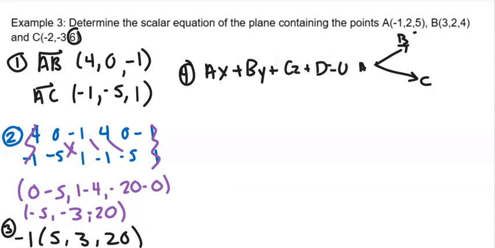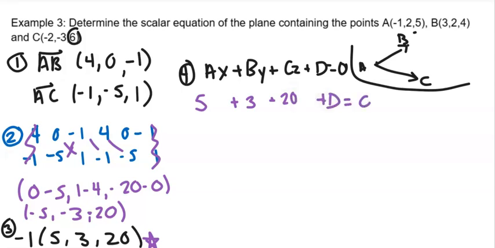Here's where I want you to follow a procedure a little bit, just so that you don't get confused. This is my A, B, and C, so I'm going to put those in the A, B, and C spots. First, that's my A, B, and C. Now I'm going to put in a point.